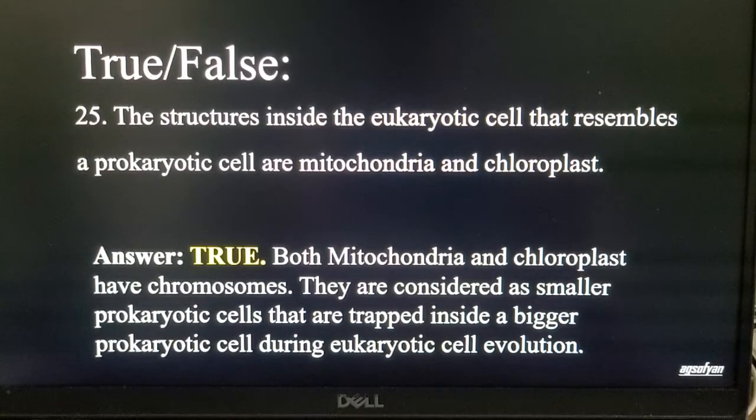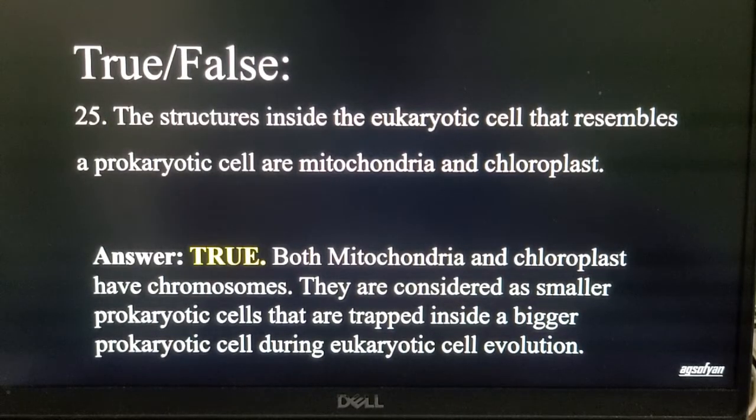They have DNA inside them. There is DNA or chromosome inside mitochondria, and inside the chloroplast. This is used as proof that mitochondria and chloroplast used to be smaller prokaryotic cells trapped inside a bigger prokaryotic cell.